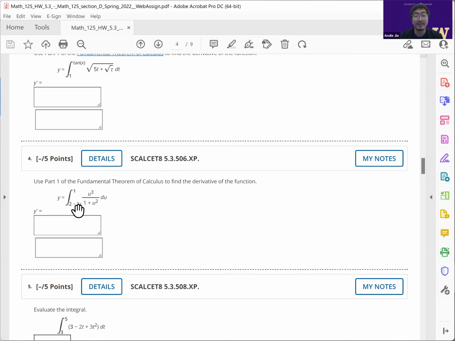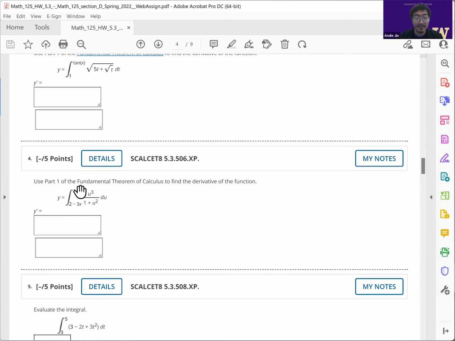For 2 minus 3x on the top and the constant at the bottom, make sure to swap the bounds by adding a negative sign to it.